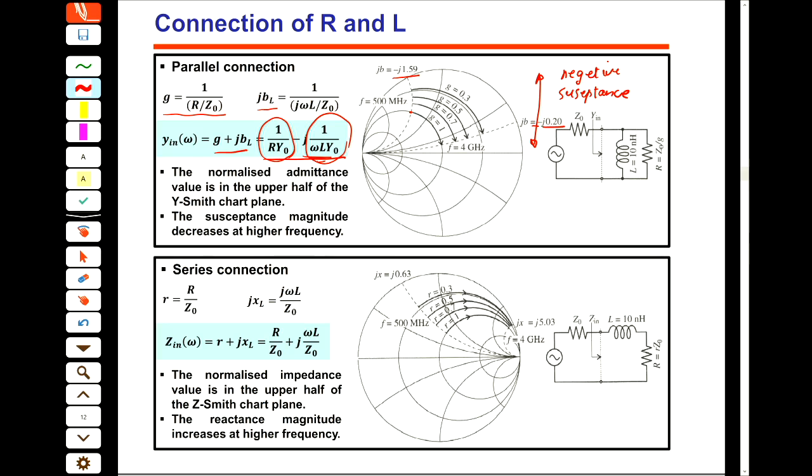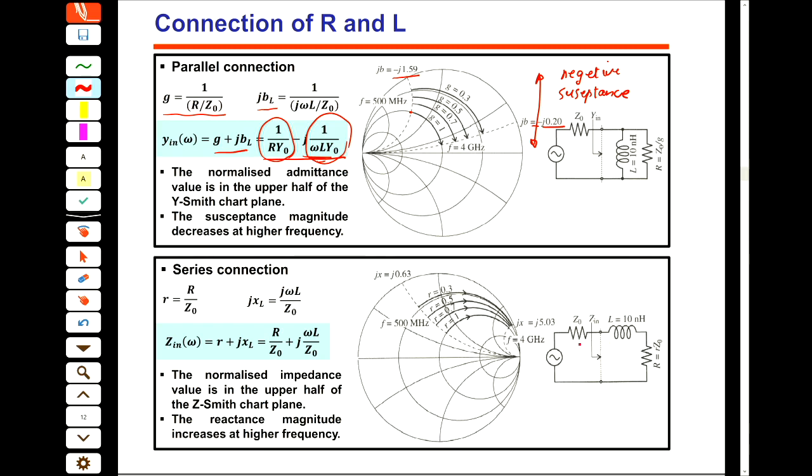Negative susceptance for admittance: upper half is negative susceptance, lower half is positive. But for the impedance, the upper half is the positive reactance and the lower half is negative reactance. Okay.